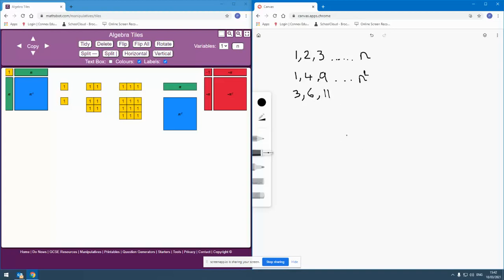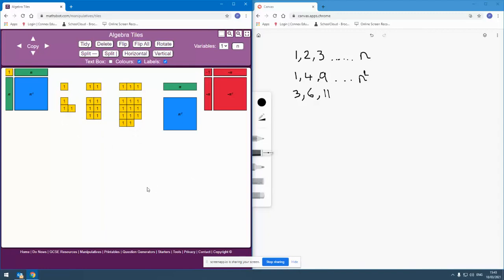What have I changed about n squared? And we might even be able to model that and say, right, well, turn that 1 into 3. I've done that potentially. And then to turn that 4 into 6, I've done that. And then to turn that 9 into 11, I've done that. And we can see that what I've done is added a row of 2 to the bottom of each one.